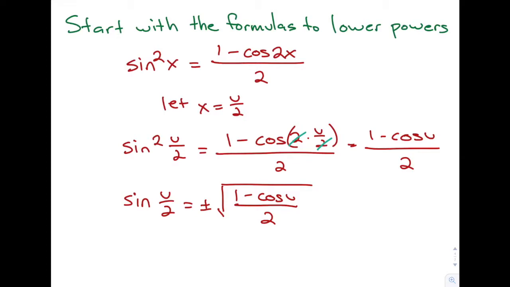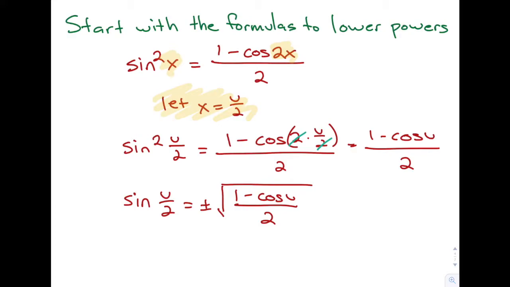Now you may be thinking that I'm doing some weird mathematical wizardry here, but this is a completely valid method. All we're saying is that there's this relationship between the x inside the sine squared and the x inside the cosine. And so if we make x equal to u over 2, something divided by 2, then we can make what's inside of the cosine just be the variable.